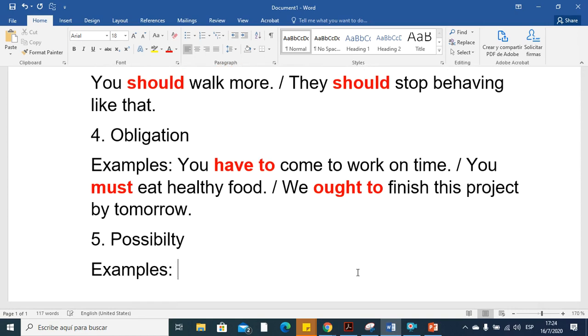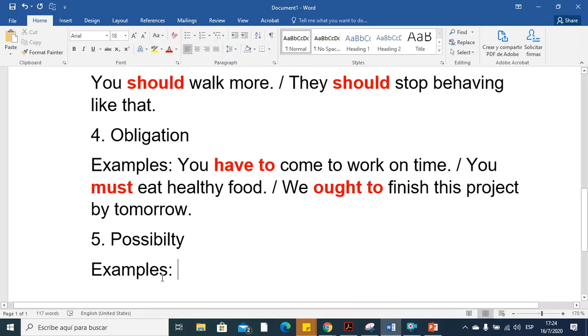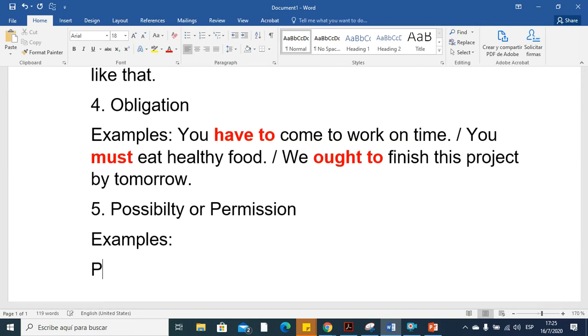If you look here, it gives you a few examples: might, may, and could. But here, examples of possibility would be may I, and we are going to call this possibility or permission as well, because this is also used for permission.